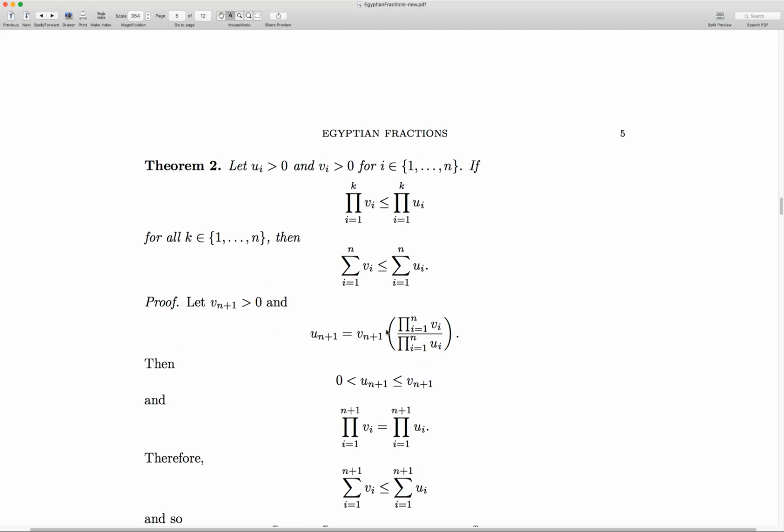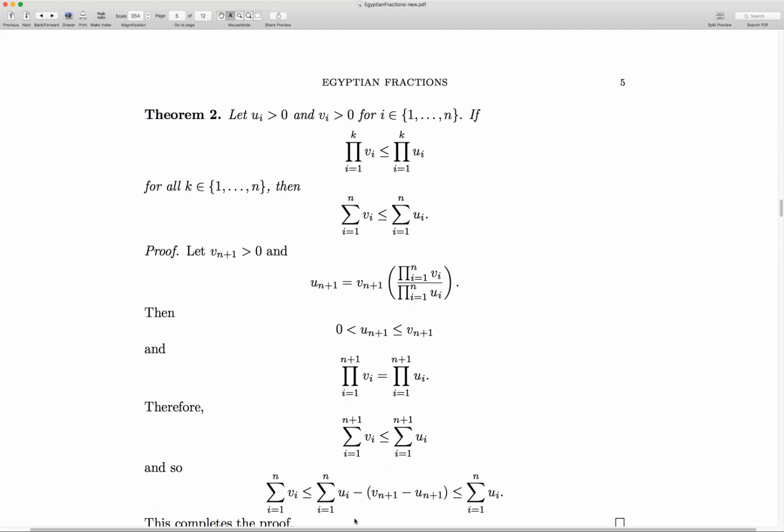But now the way I've constructed the V sub n plus 1 and the U sub n plus 1, if I look at the n plus 1 numbers, the U's and the V's, this n plus 1-fold product gives me equality. So therefore, I have an inequality for the sum of these n plus 1 numbers.